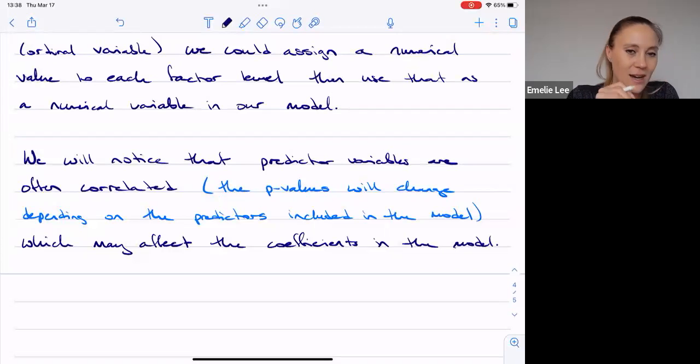And so one of the extreme cases of this is if we have multicollinearity.